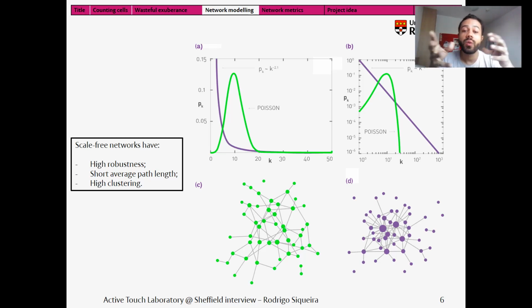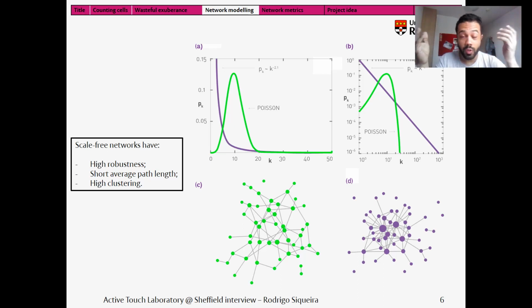And I will have a high clustering, which is a high level of modularity, tightly connected subcommunities inside of the network.